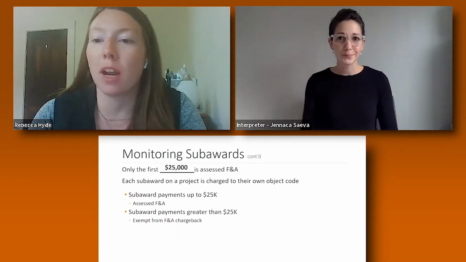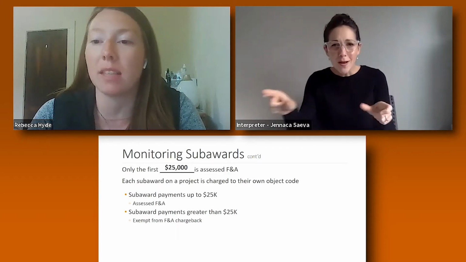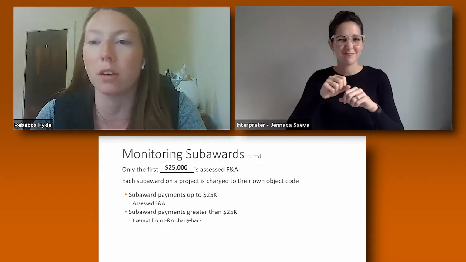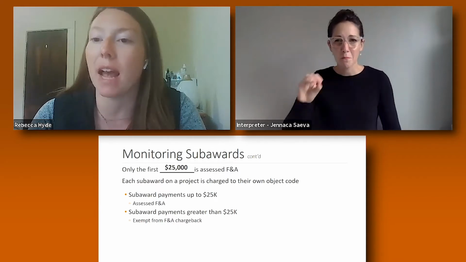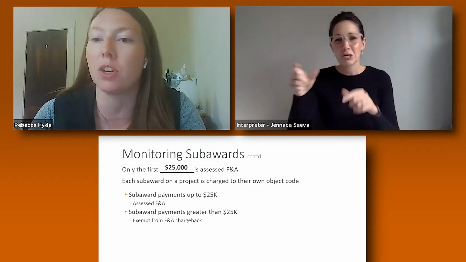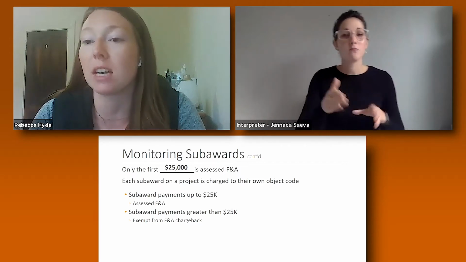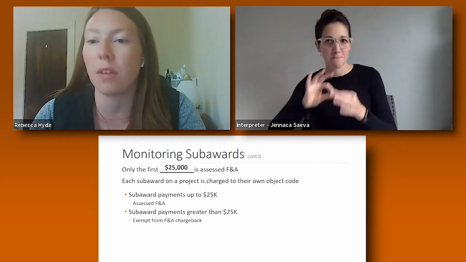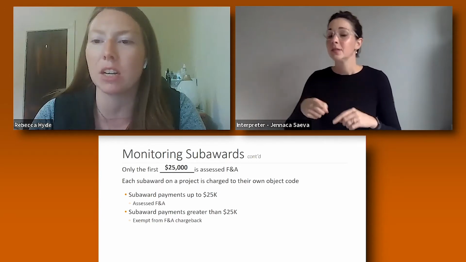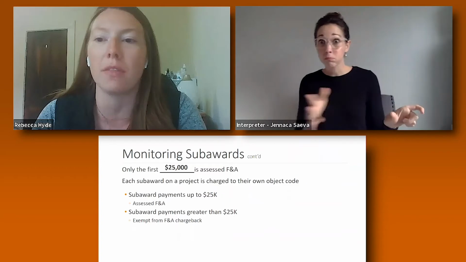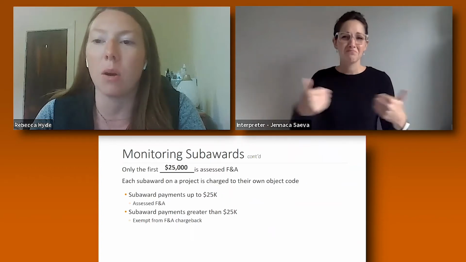And you'll see that broken up as a PI on the grant statements that RIT provides you from our Oracle system. You'll see that breakdown, and you'll be able to see how much you have left that will be assessed F&A, and how much you have left that doesn't have F&A associated with it. So it's a pretty easy distinction to make, but it's just important to know that that is logistically how it will show up.